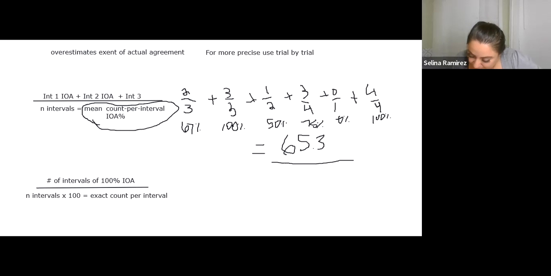So it's going to be 2 intervals at 100% agreement over the number of intervals, which is 6, correct? Mm-hmm. And so 2 divided by 6 equals 33. It's going to give you 33%.